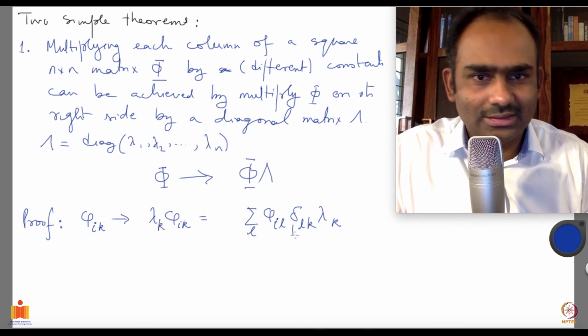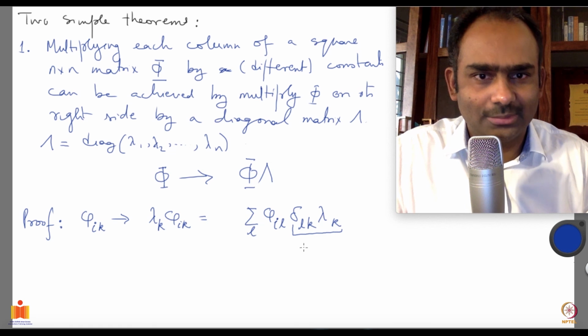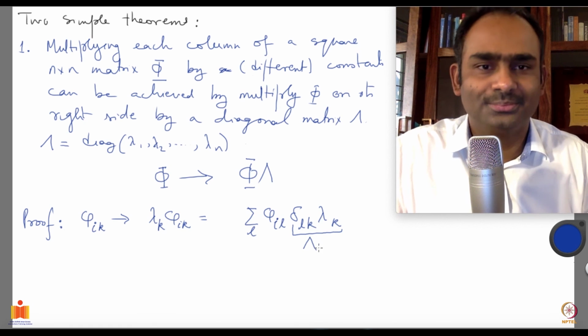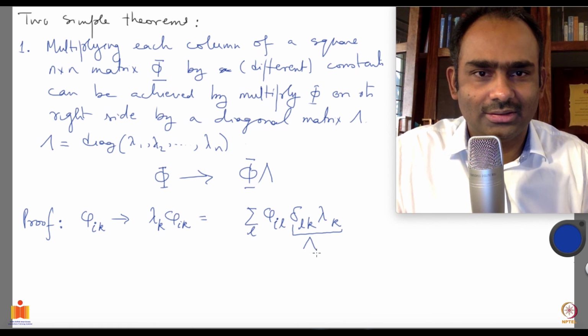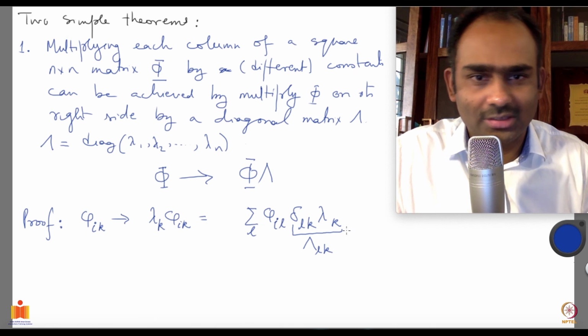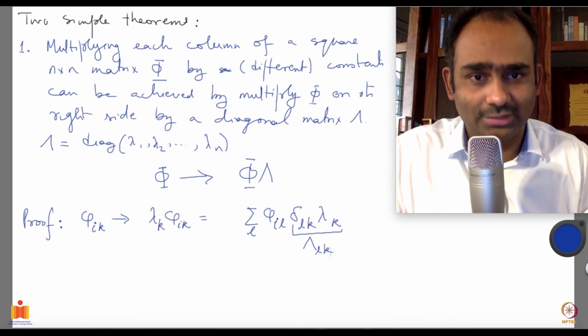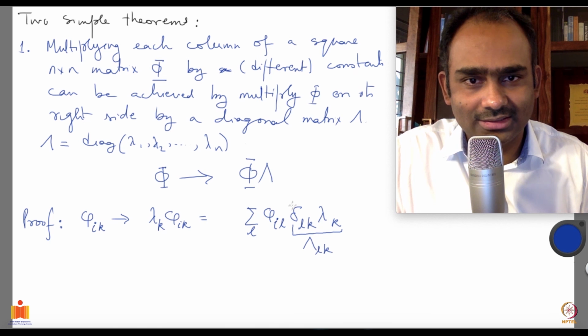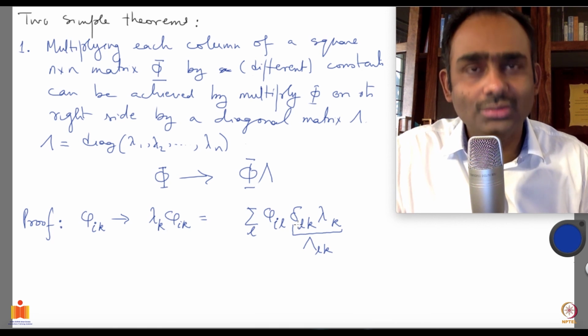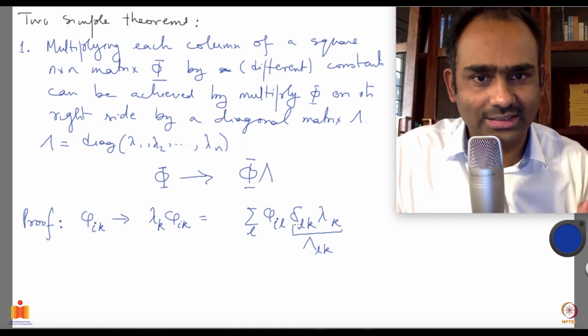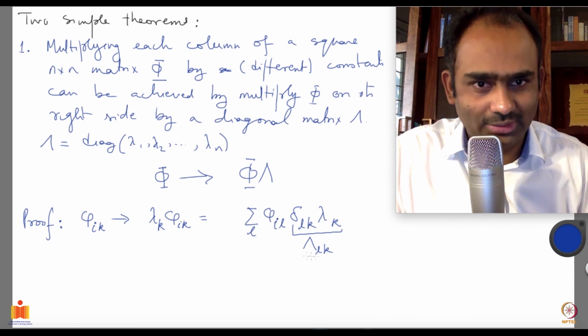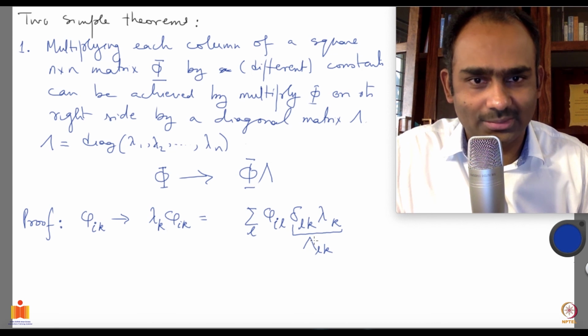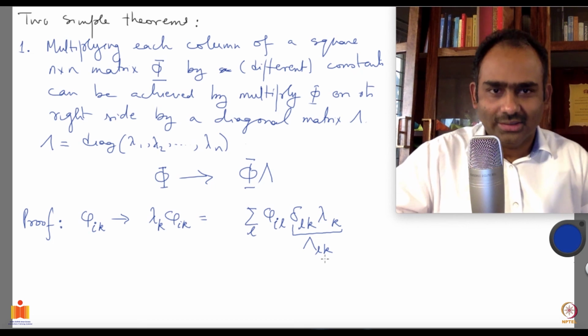Now this I define as some matrix capital lambda L K. Remember, there's no summation over k, so that's why I'm able to put these two indices. This has two free indices, L and K, and that's why I can create this matrix capital lambda with two free indices L and K. So that is correct.